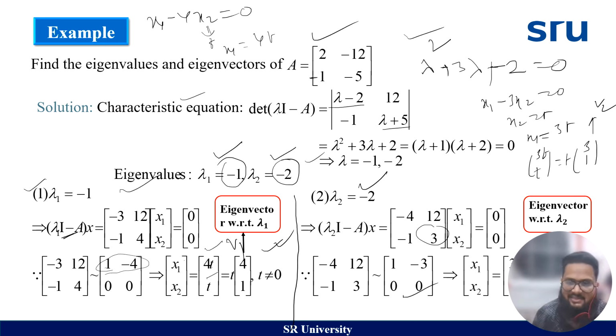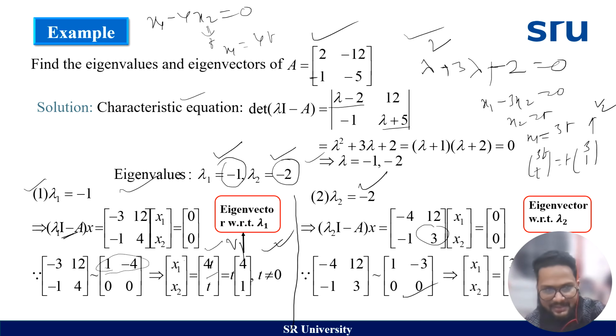You can apply the same process to a 3 by 3 matrix also, and you will get the eigenvectors. So this was the concept of eigenvalues and eigenvectors. Again, I am repeating: for eigenvalues, first you have to calculate the characteristic equation.